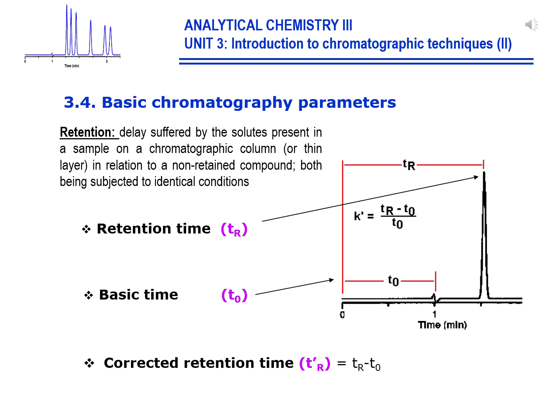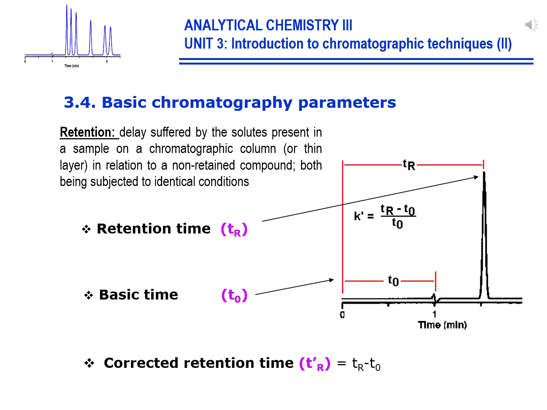The peak location is specified by the retention, which is defined as the delay suffered by the solutes present in a sample on a chromatographic column in relation to an unretained compound, both being subject to identical conditions.